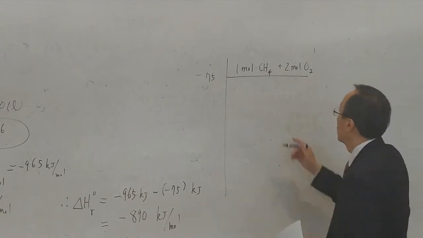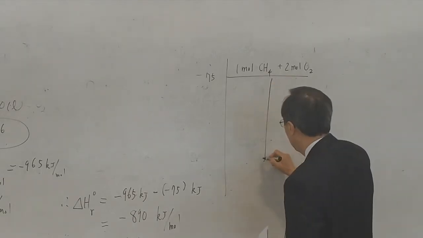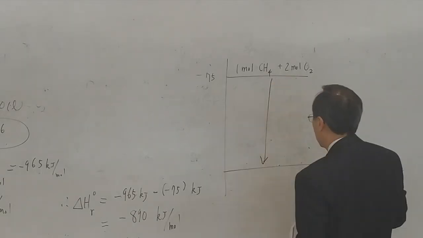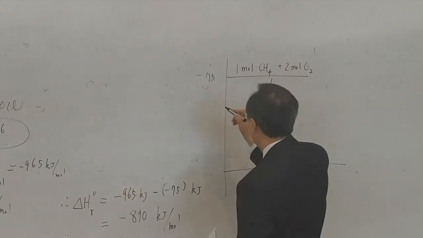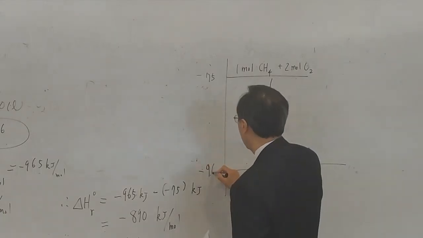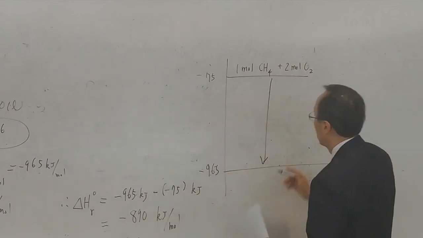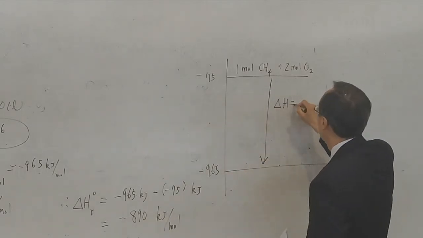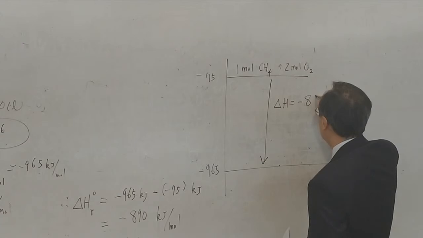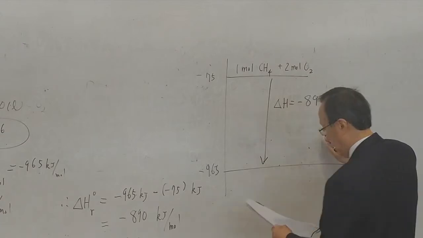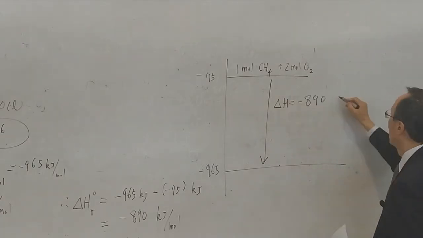So this energy is released here, and they become minus 965. So delta H equals minus 890 kilojoule per mole.